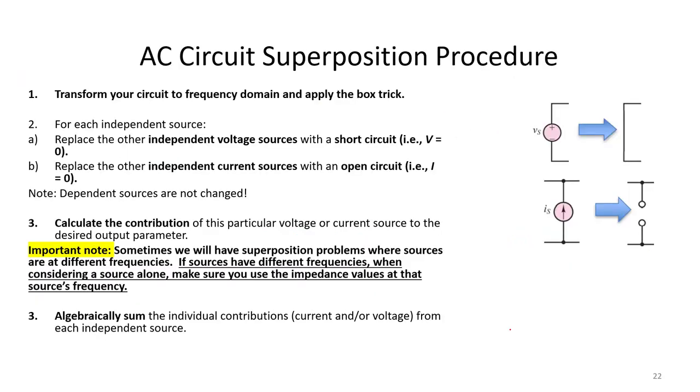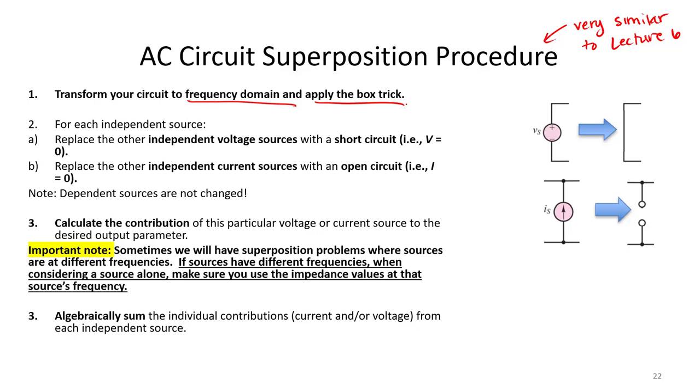Before we do an example, let's briefly review the superposition procedure. This is very similar to Lecture 6. So the first step is we need to transform our circuit to frequency domain. I also recommend applying the box trick to make it easier to simplify things.